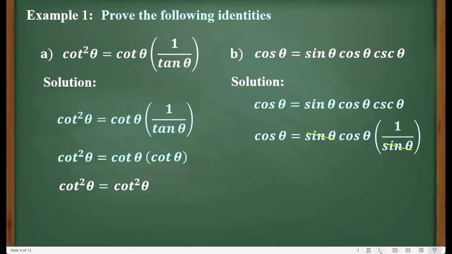So we found out that cosine theta is equal to cosine theta, the one that is left on this side, because we have already canceled sine theta. Just like letter A, we have proven that this given equation is an identity, meaning the expression on the left is equivalent to the expression on the right. Okay?